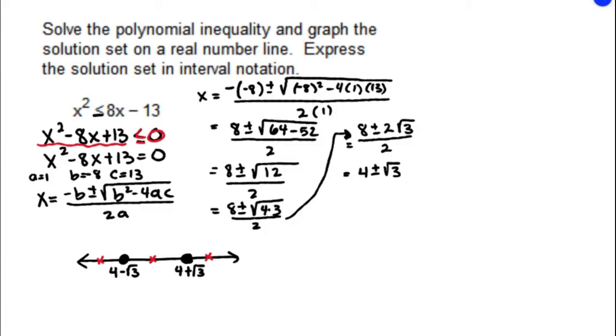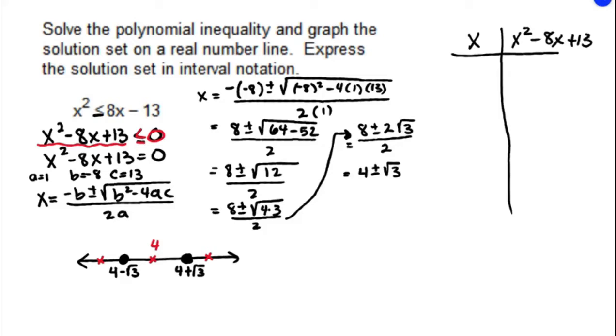And while it loads, I can go ahead and test in between these two. The number 4 should be in between 4 minus square root of 3 and 4 plus square root of 3. So I can go ahead and test that point in the expression x squared minus 8x plus 13.